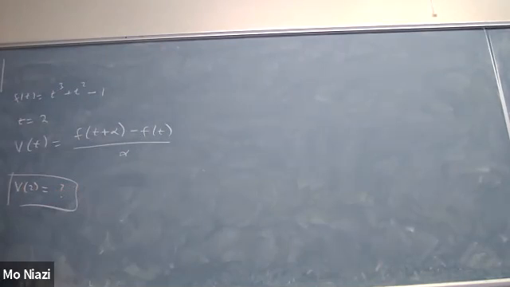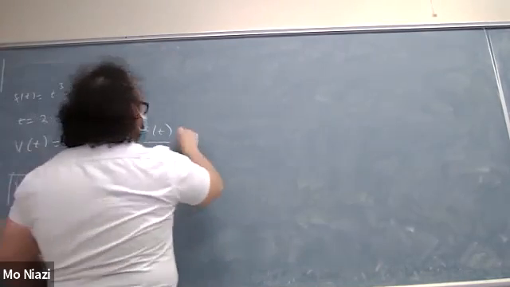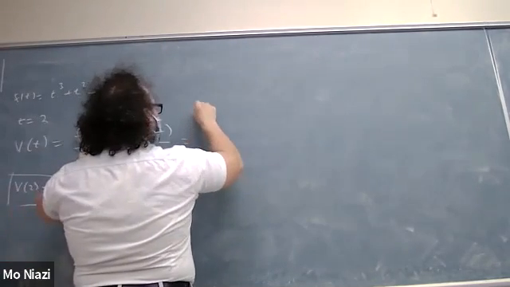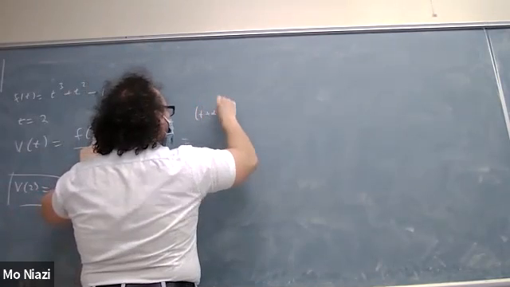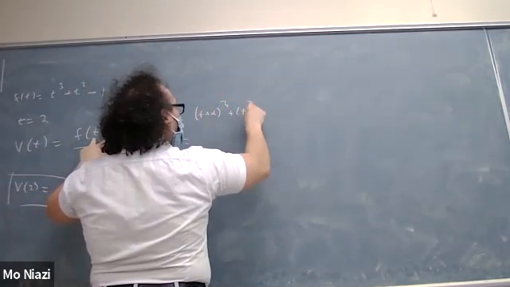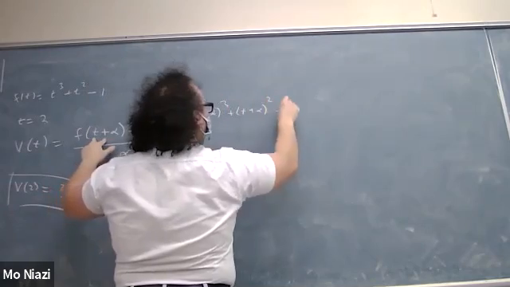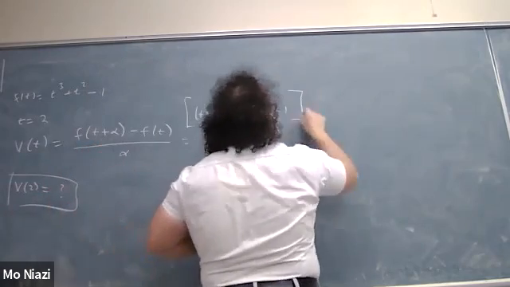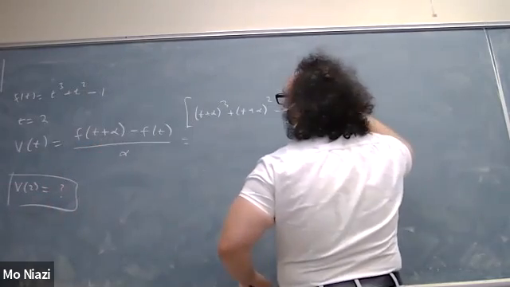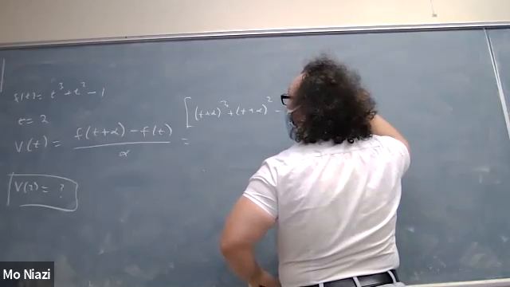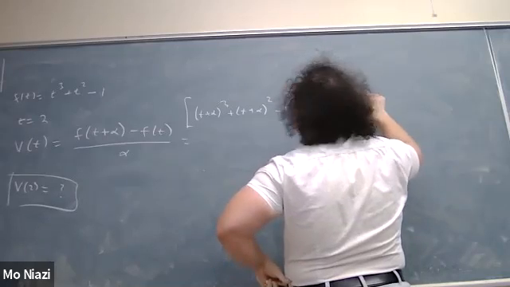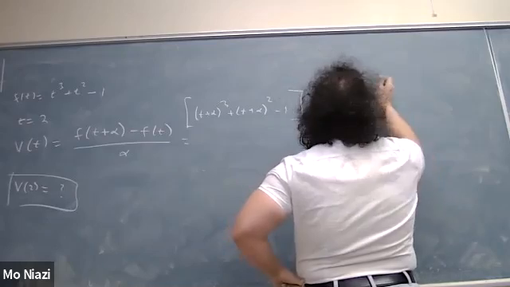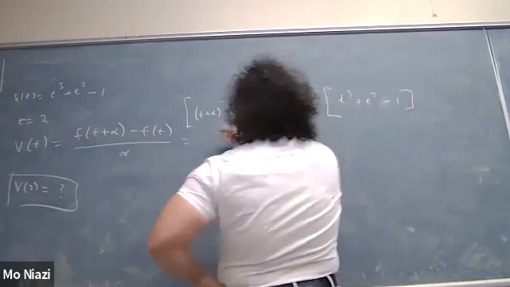But keep it general. This becomes t plus alpha cubed plus t plus alpha squared minus 1, then this just becomes t cubed plus t squared minus 1, everything divided by alpha.